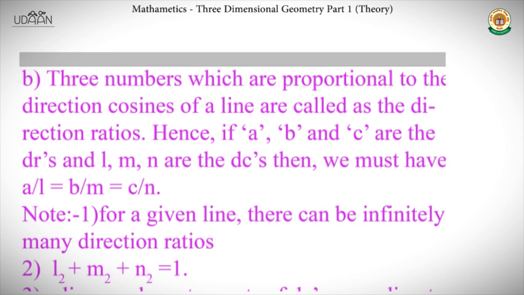Now we move on to direction ratios. What are direction ratios? The most basic definition of direction ratios is three numbers which are proportional to the direction cosines of a line. That is, we have three numbers proportional to direction cosines, which implies a by l equal to b by m equal to c by n.